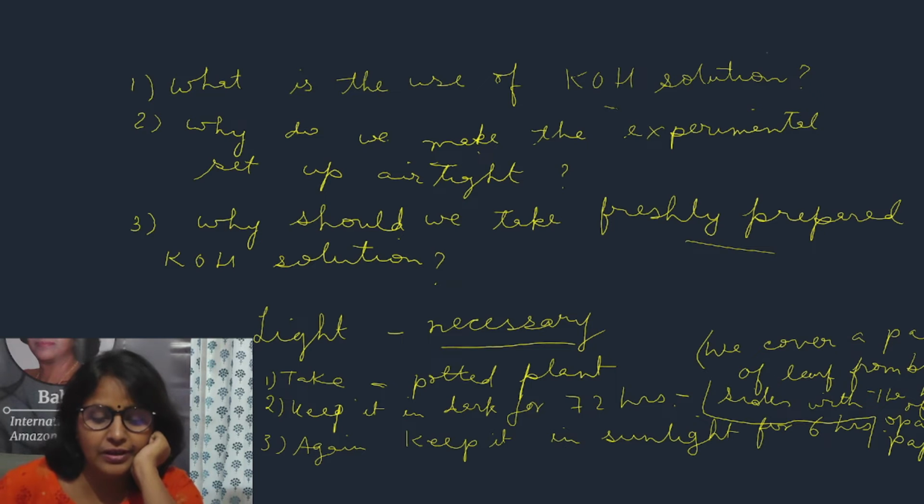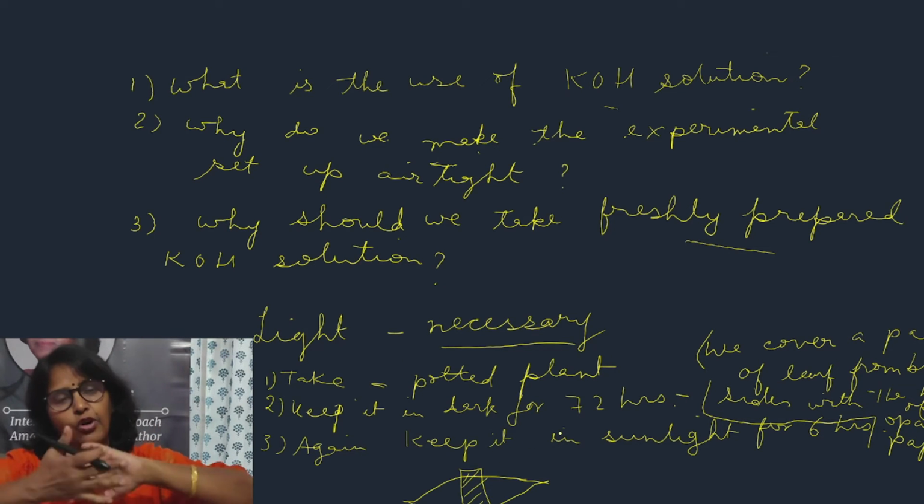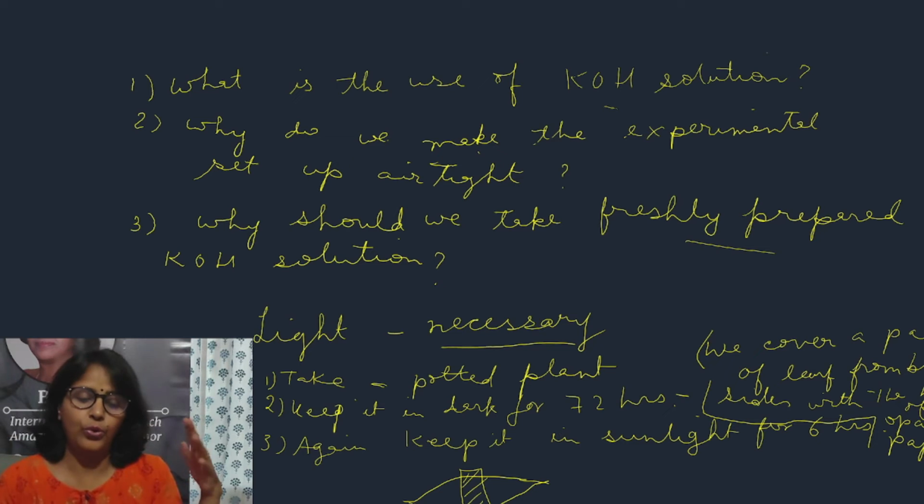Now, how do we cover it? Let me draw a leaf. Suppose we have a leaf over here. This is opaque paper by which the leaf is covered on both sides so that no light can penetrate into it.